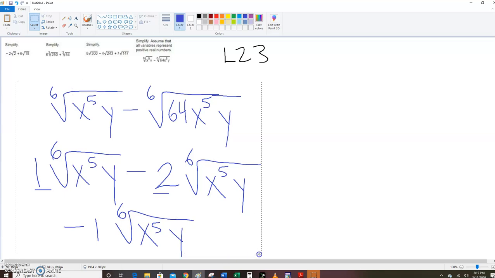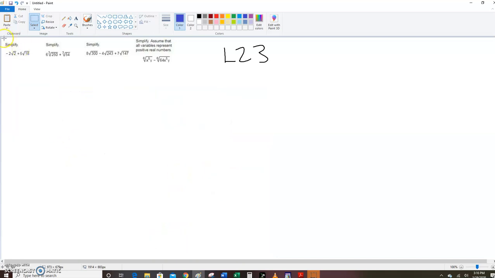Next up, let's look at a word problem involving addition or subtraction of radicals. Sorry, this is hard to read. We're given a triangle, and these are the sides in inches.